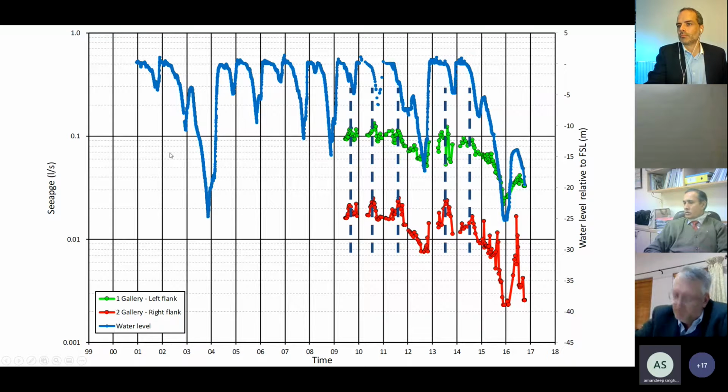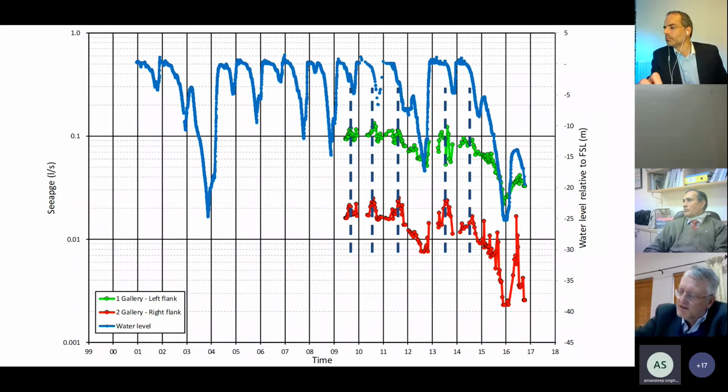But the conclusion is that the grout curtain is still functioning here. It's just a slight increase in seepage during the winter time when the dam moves downstream.